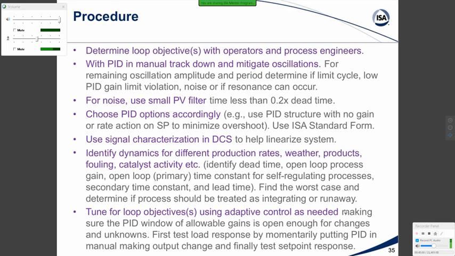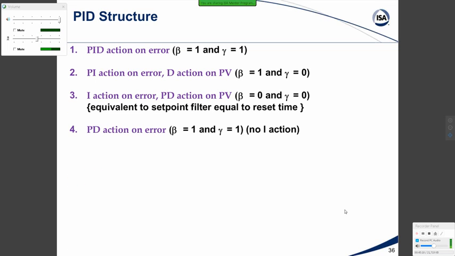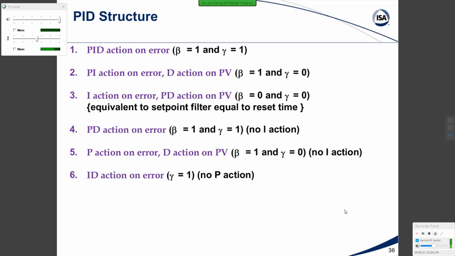And you can use structure or a set point filter or set point lead-lag to provide the speed of response to set point without much overshoot. For the PID structures, we've got eight of them. I really can't go into when you want to use each one of these, but they give you a lot of flexibility.